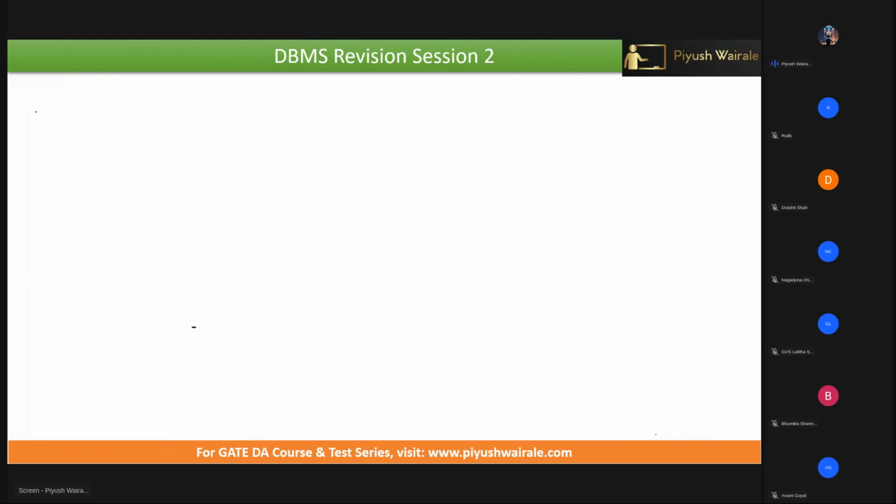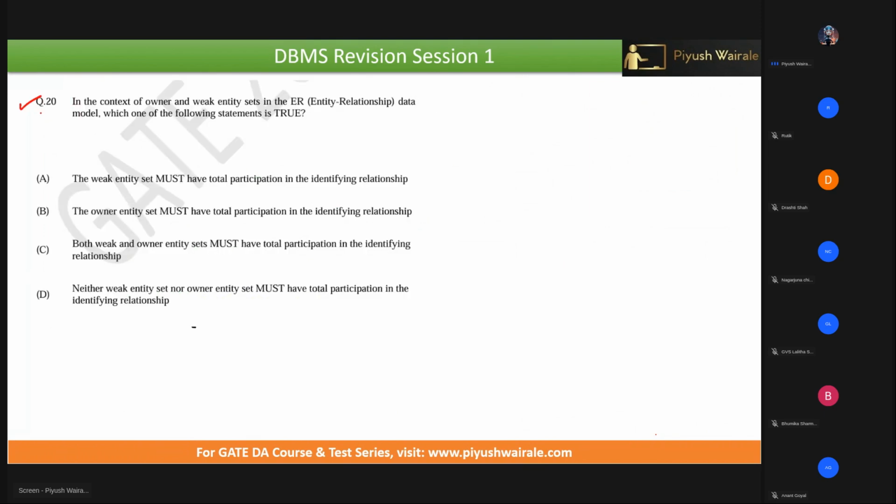Today's topic is basically the normalization part. Can anyone tell me the correct answer in the context of the owner and weak entity set in the ER diagram? Which of the following statements is true? The weak entity set must have total participation in the identifying relationship.